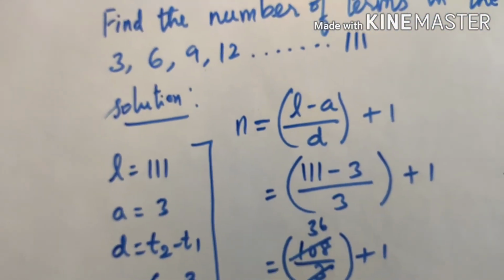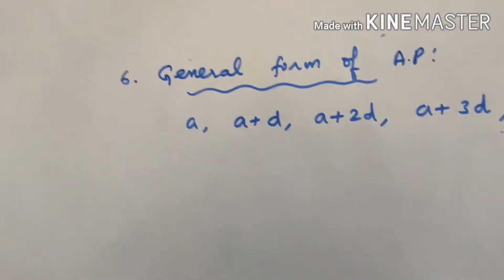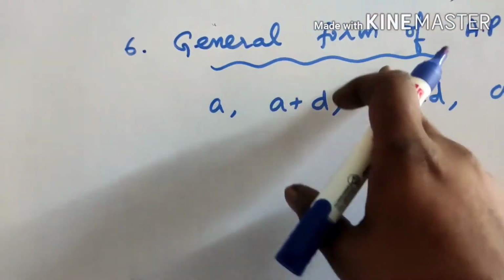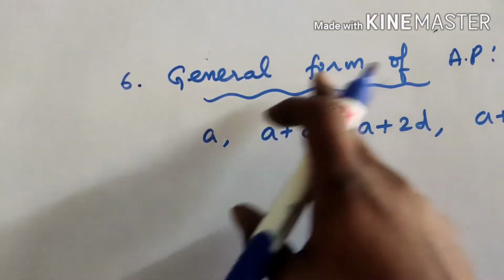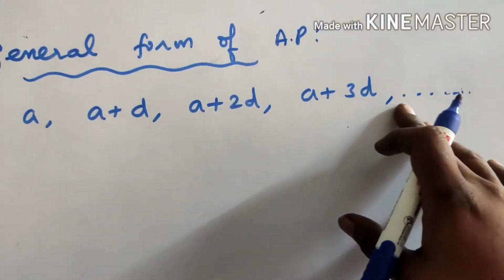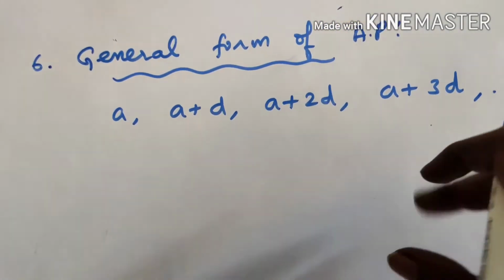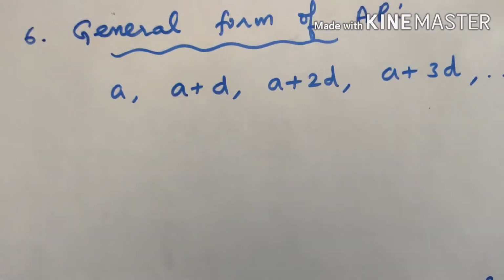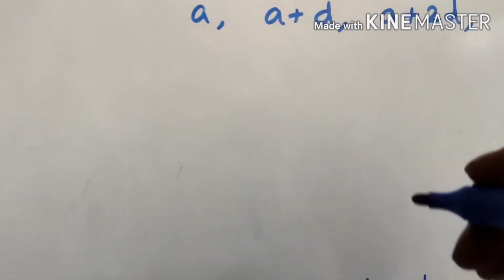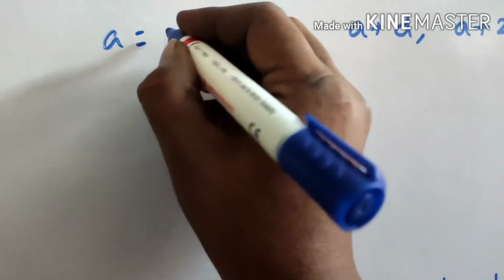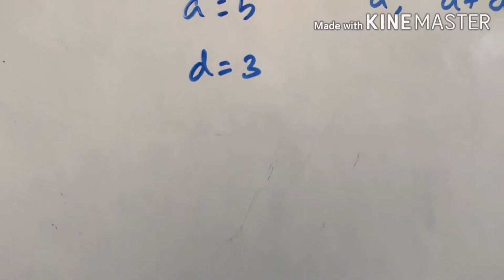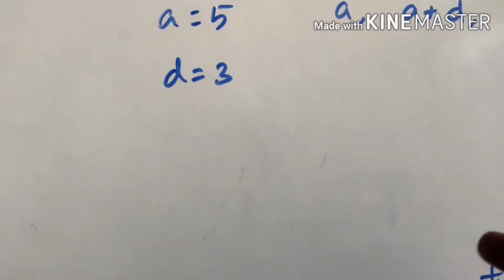Okay, clear? Now some more concepts are there. The general form of an AP. Actually an AP will be in this form only. This is the general form. To create an AP, you can use this form. For example, take a equal to 5 and d equal to 3, like the last example, and you will get the sequence.